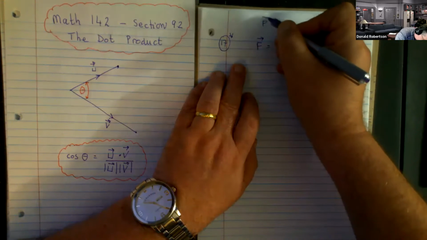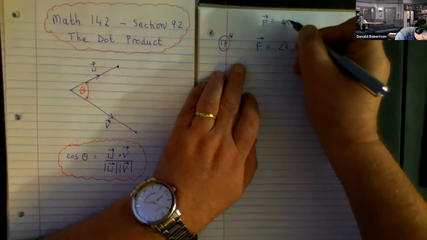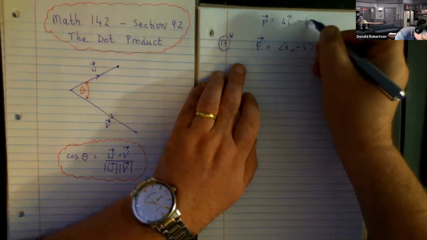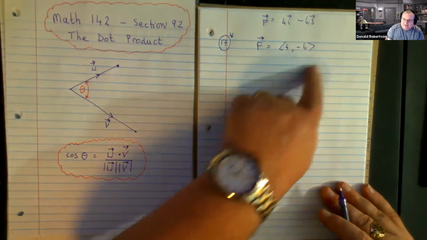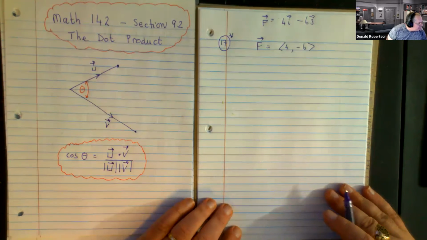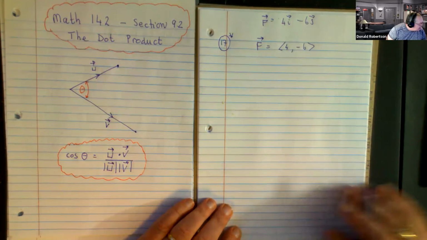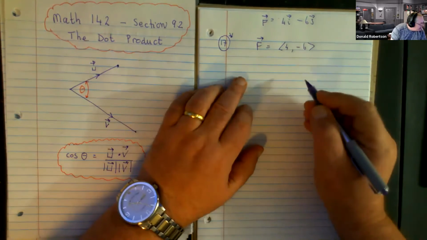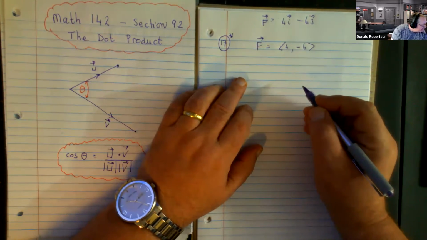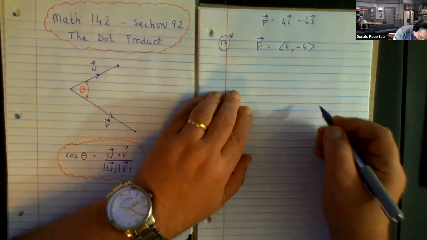Actually, in the question, it's 4i take away 6j, right? But I like this notation, so that's what I do. You can choose to do it or not. And in question 17, this force is being used to move an object 9 feet along the x-axis.